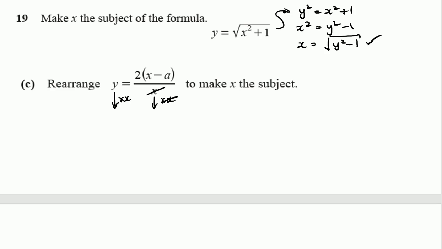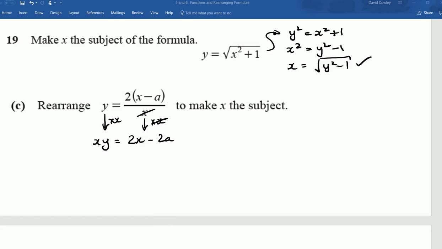My next line is therefore xy equals 2x minus a. And to save some time, I'm going to multiply out those brackets as I go. 2x minus 2a. Now if I want to make x the subject, I want x on the left-hand side wherever it appears. So I'm going to move the 2x over, saying xy minus 2x equals minus 2a.